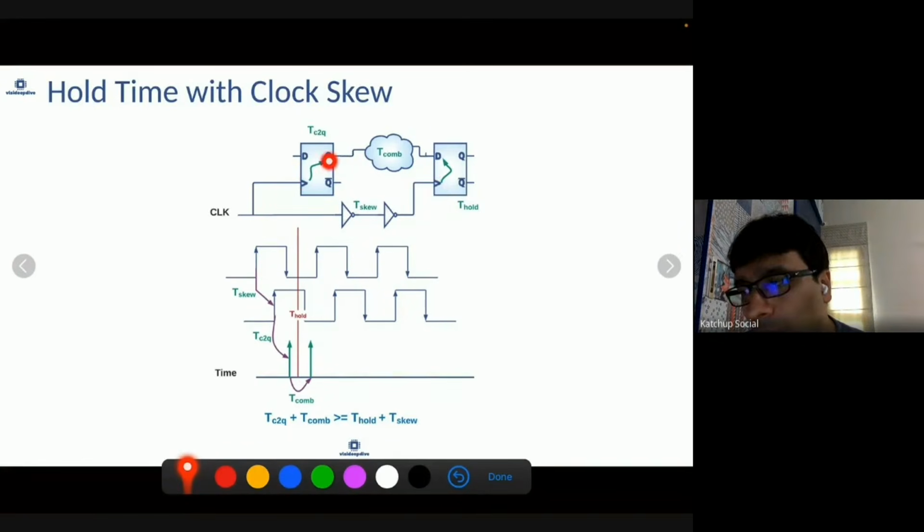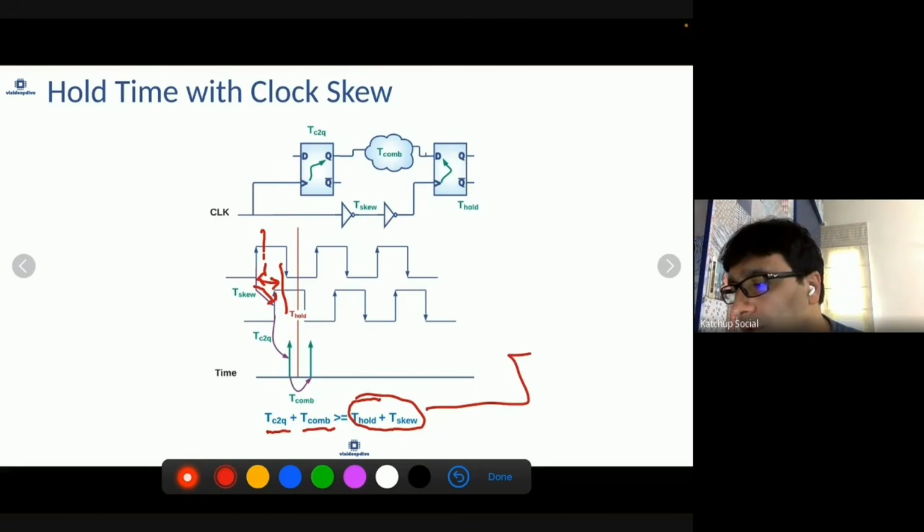The clock to Q delay and combinational logic delay should stay stable for some amount of time after the clock edge. Now, because of the clock skew, the clock edge changes, and it has to stay stable for a longer amount of time. So the equation changes to clock to Q delay plus combinational delay should be greater than T hold plus T skew.